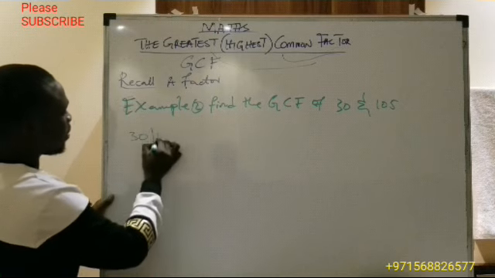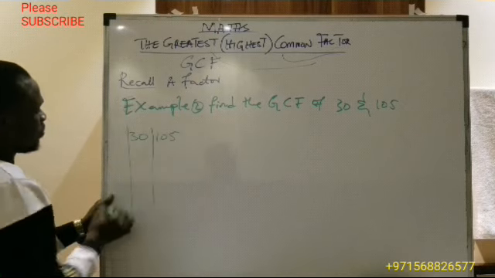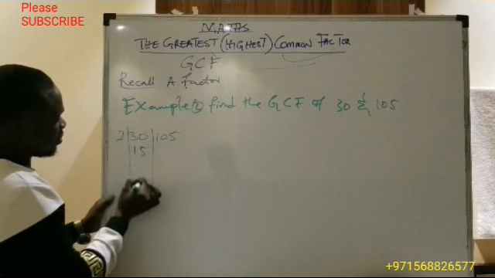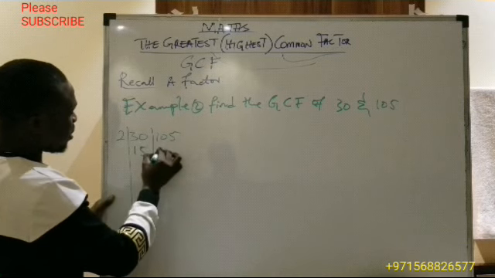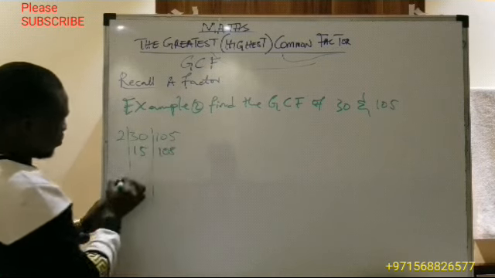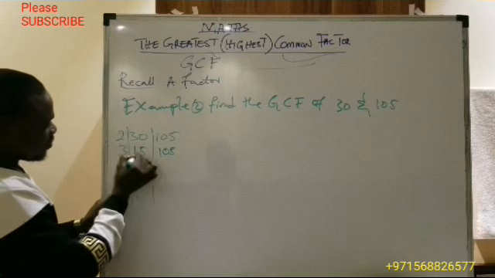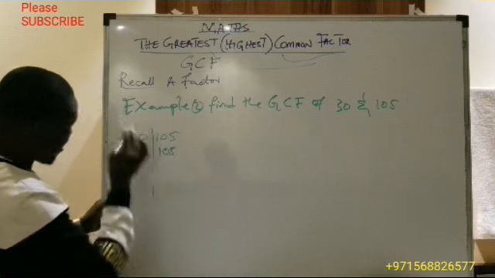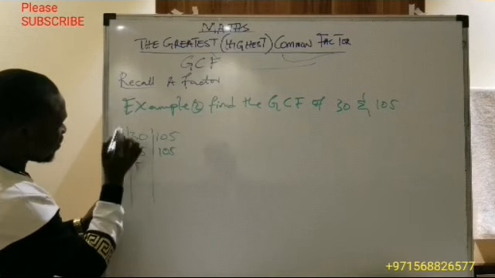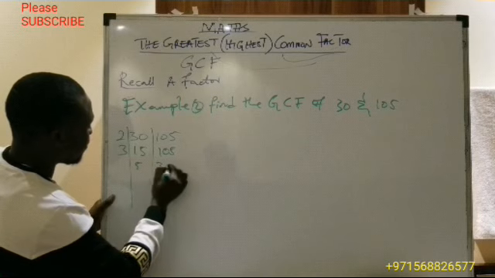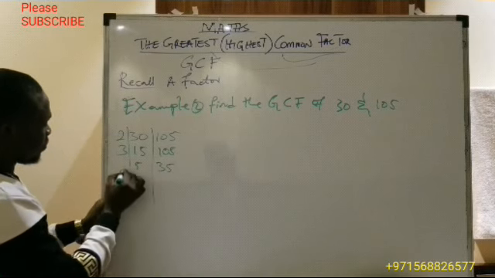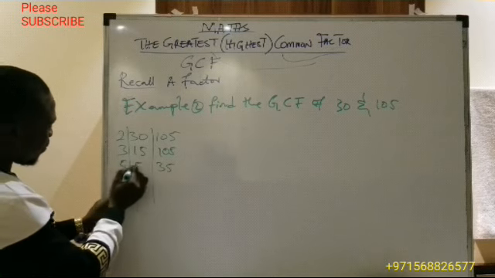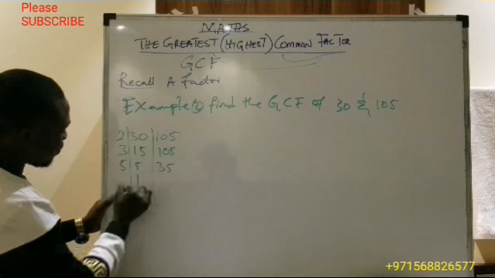30 and 105. 30 divided by 2 will have 15. 105 divided by 2 cannot go. Then 3 can go. 15 divided by 3 will have 5. 105 divided by 3, we have 35. 5 can go. 5 into 5 will give us 1.